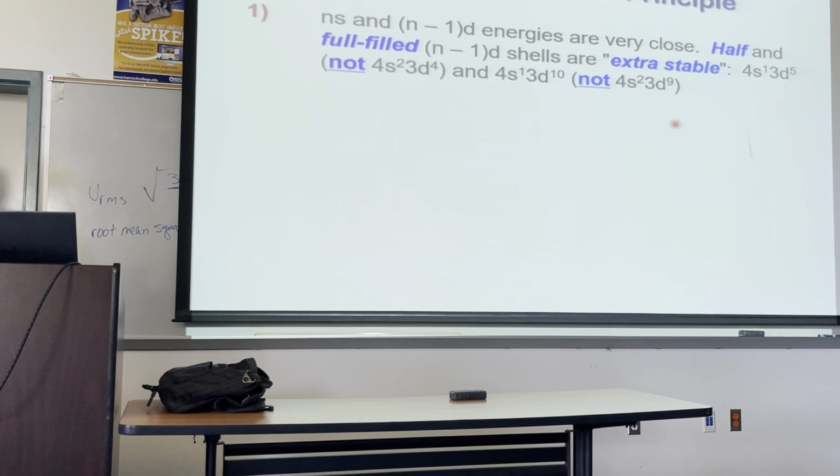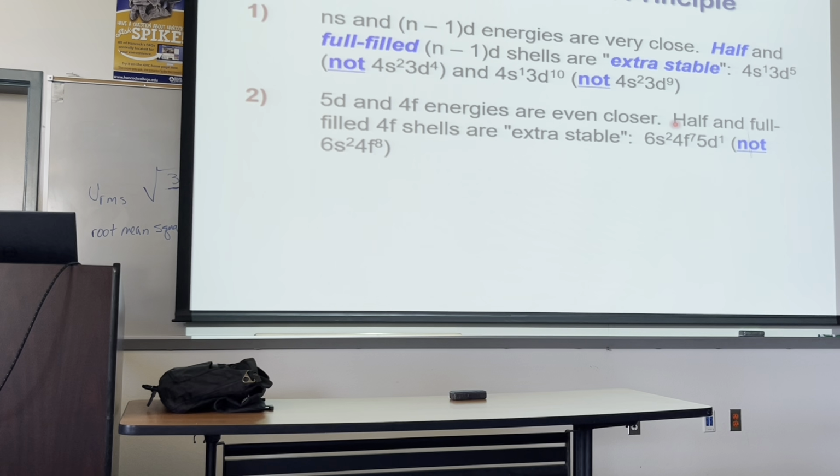Why would you pair up if you can stay at even energy? You gain energy by not pairing up. And then once that's full, now you jump back: 4s1, 3d5, not 4s2, 3d4, and 4s1, 3d10, not 4s2, 3d9.